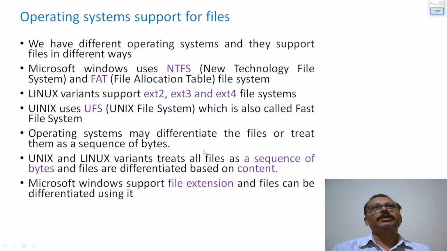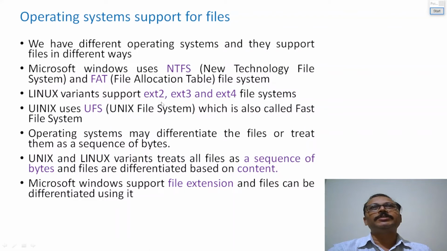Whereas Microsoft Windows supports NTFS and FAT. They are actually called file systems. Every operating system supports a file system. In the case of Microsoft Windows, it is NTFS, New Technology File System, and FAT, File Allocation Table.